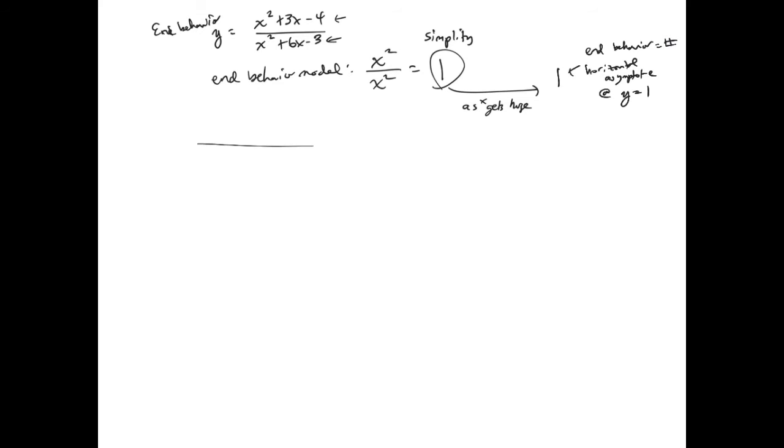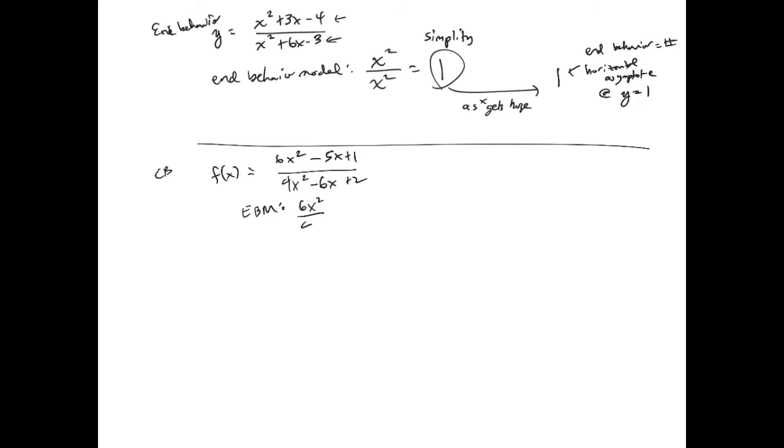So let's do another example here. If I gave you a function that looked like this, I'm going to do 3 examples here. All right, so if we're finding our end behavior, we want to build an end behavior model, and that would be the highest degree term on top over the highest degree term on bottom.